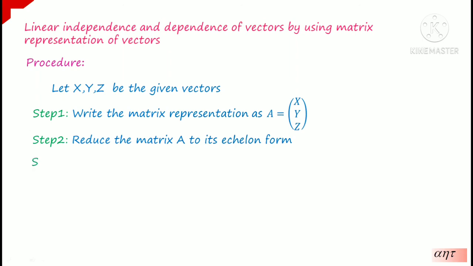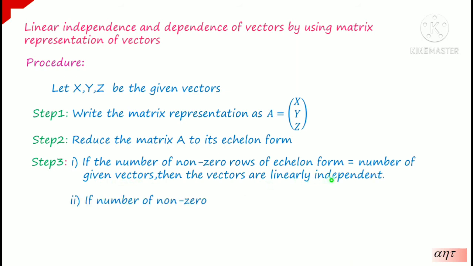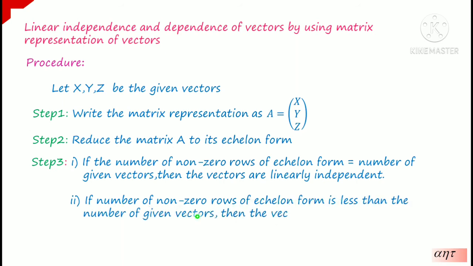Next step, reduce the matrix A to its echelon form. Then, if the number of non-zero rows of the echelon form is equal to the number of given vectors, then the vectors are linearly independent. If the number of non-zero rows of the echelon form is less than the number of given vectors, then the vectors are linearly dependent.